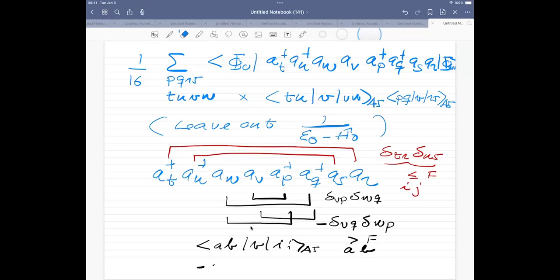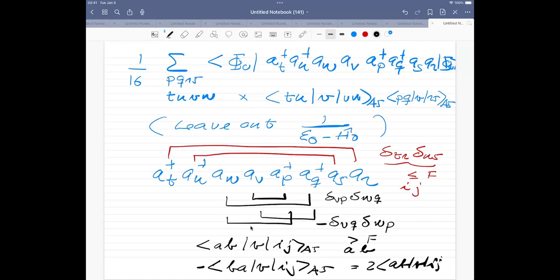Let me just rewrite it. So this is going to be a minus BA of V of IJ, anti-symmetrized. And we know that these two are equivalent. If I change A and B and add these two, I get 2 of AB V IJ.